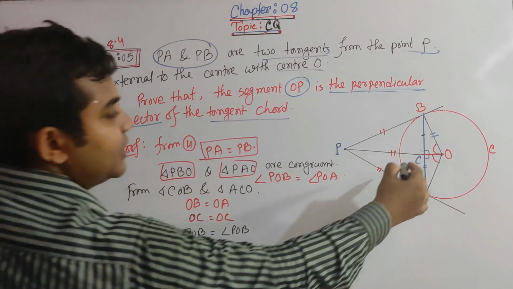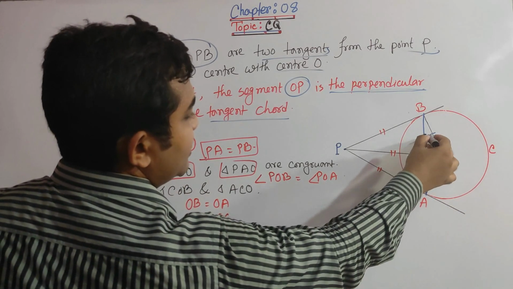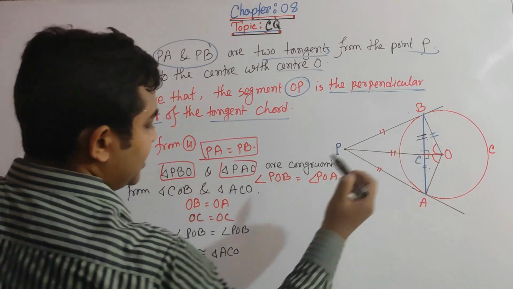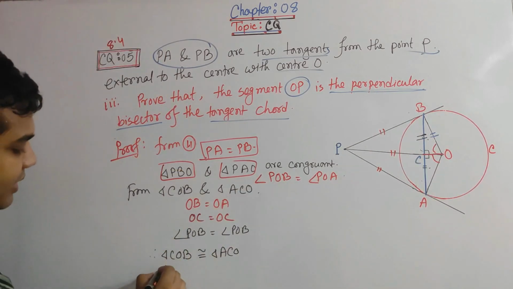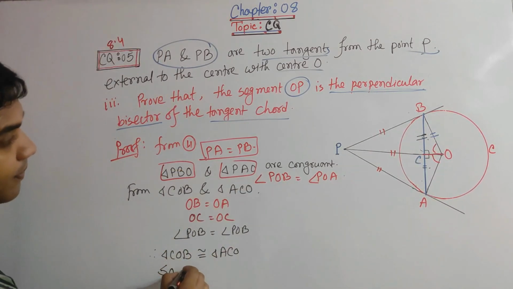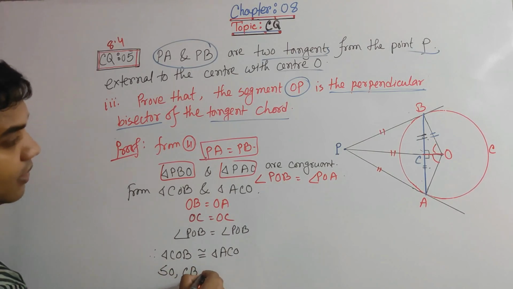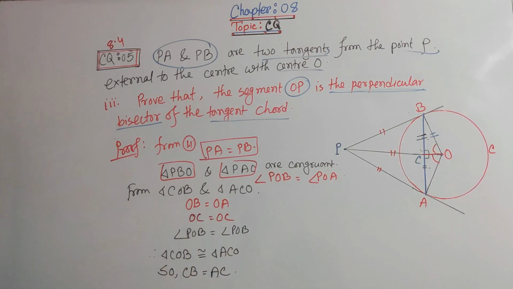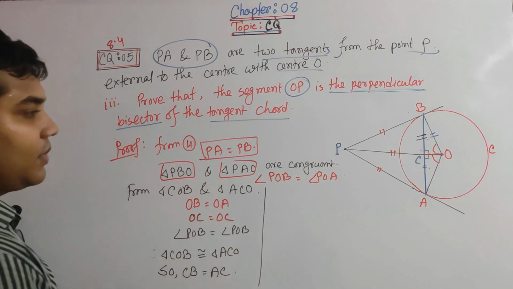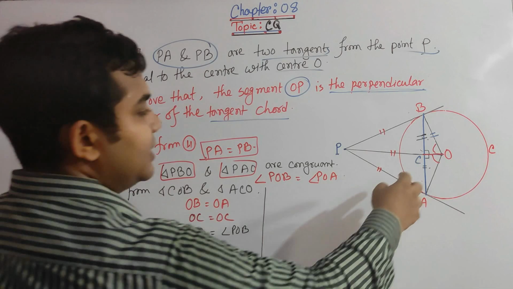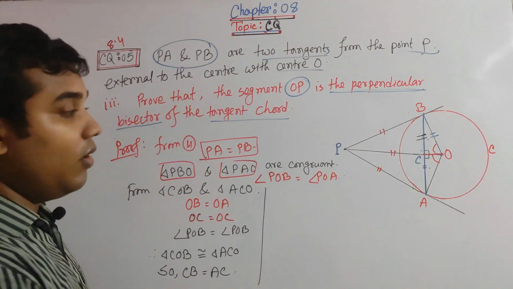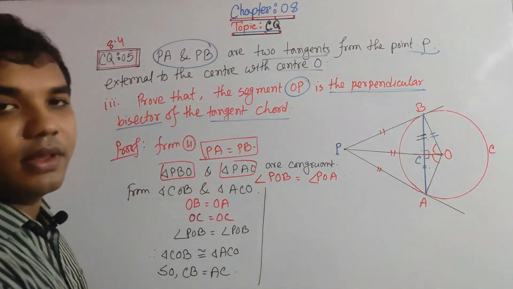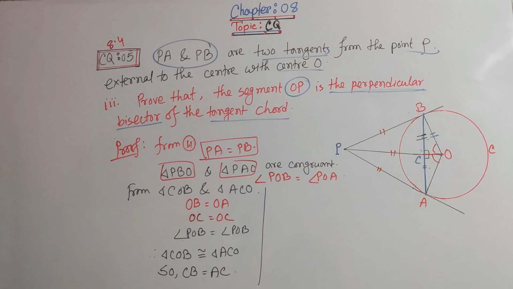So if these two triangles are congruent, then these two sides must be equal, therefore CB equals AC. Now we have to prove that these two angles are also equal, that they must be 90 and 90, that means 180.